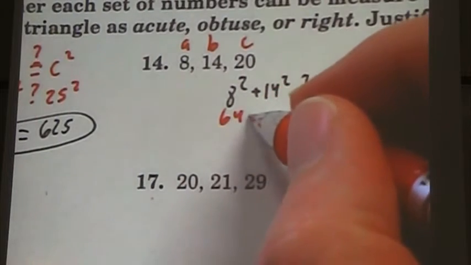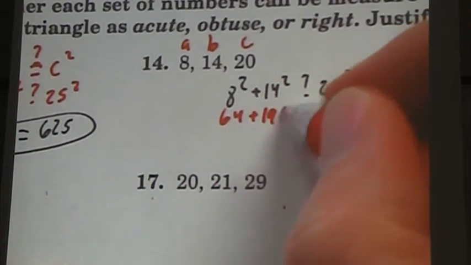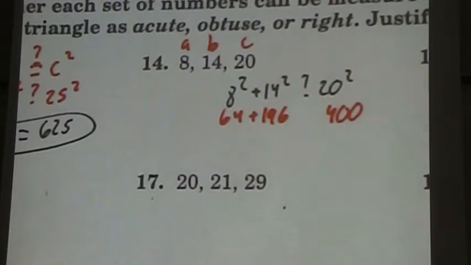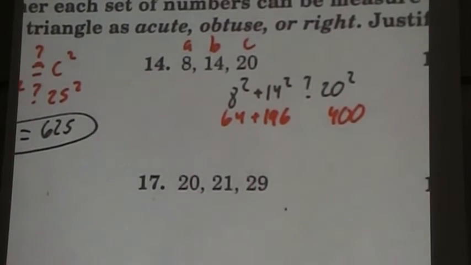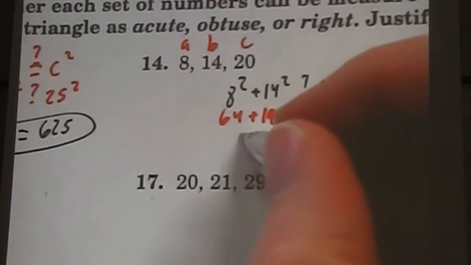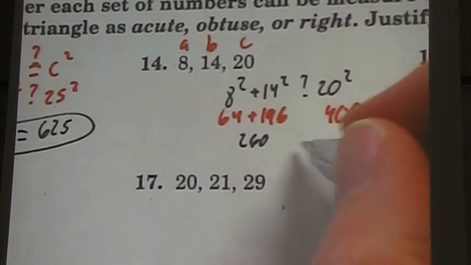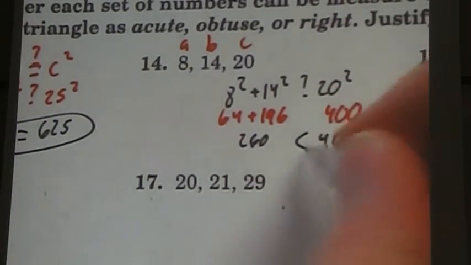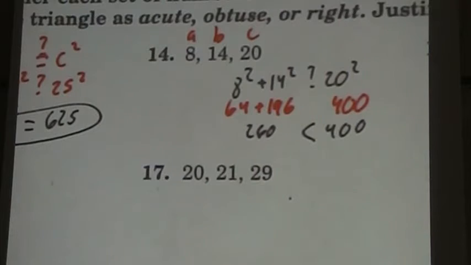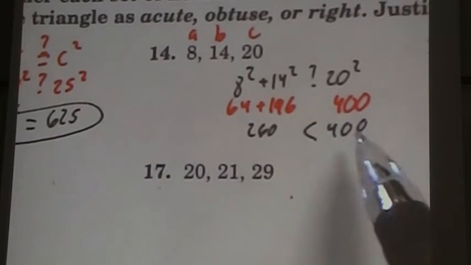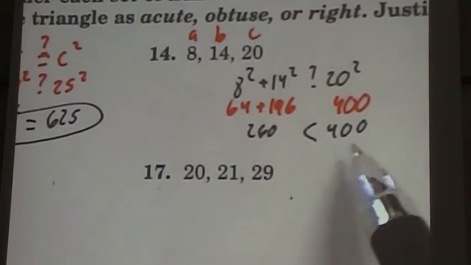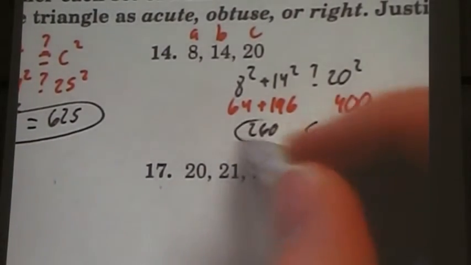And we're gonna go 64, 14. Boom. Well, this guy's bigger. The C squared side is bigger, which means we have an obtuse.